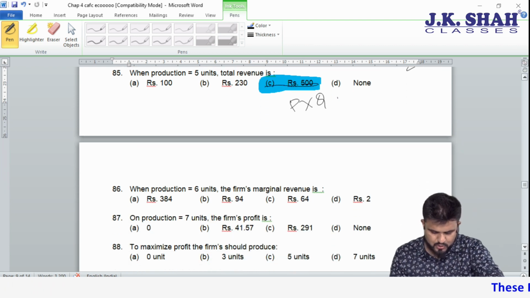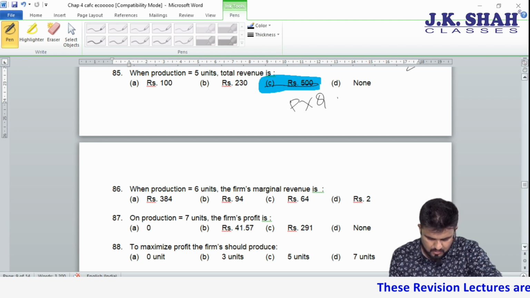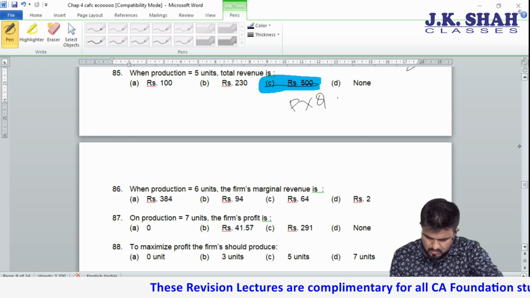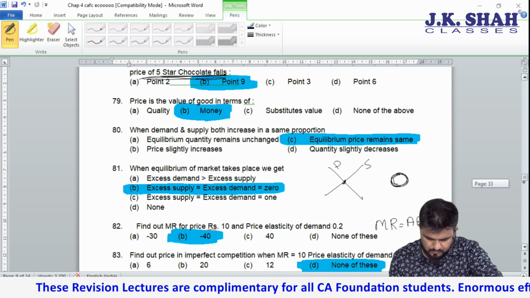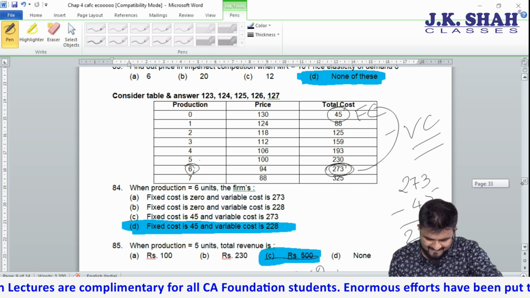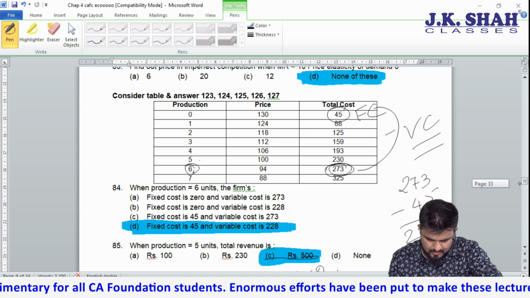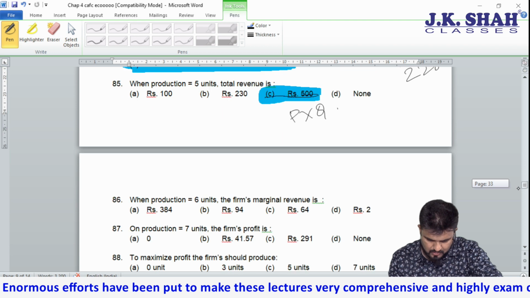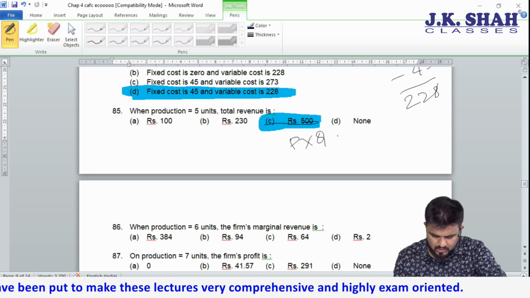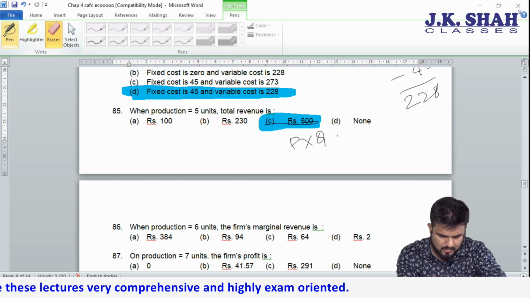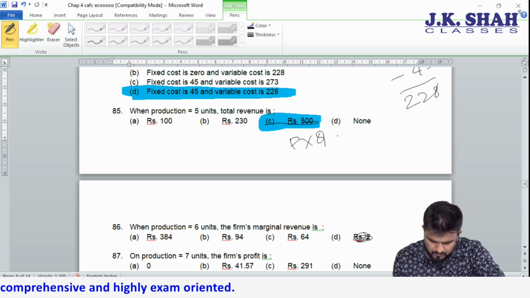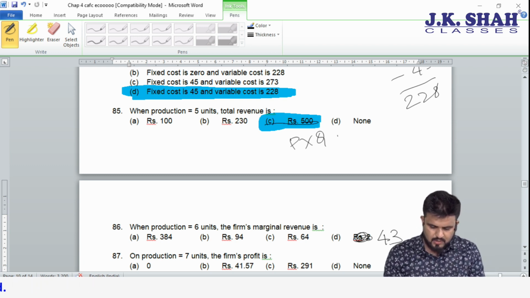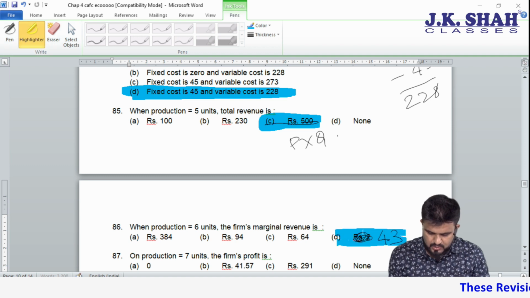So have they given in the option 43? There needs to be a correction here, students. 43 is the answer. Marginal revenue is 43 for 6 units. This will be the answer for this.